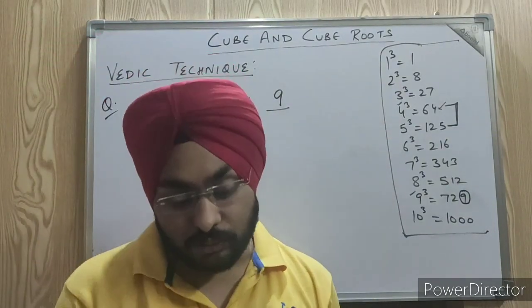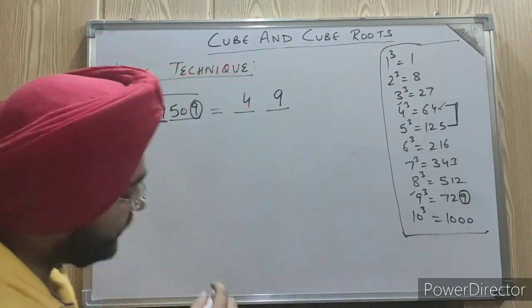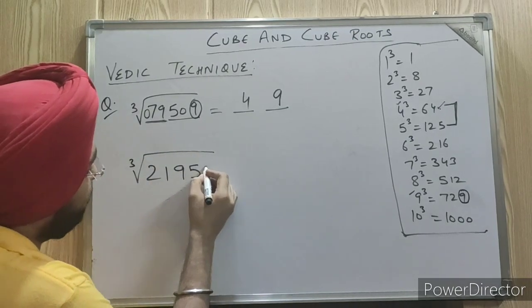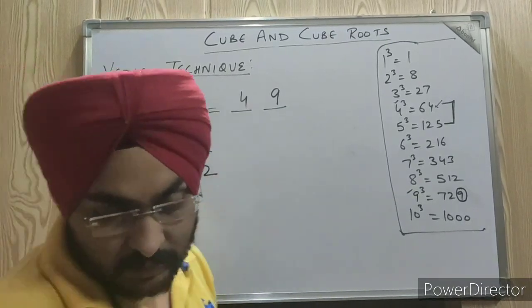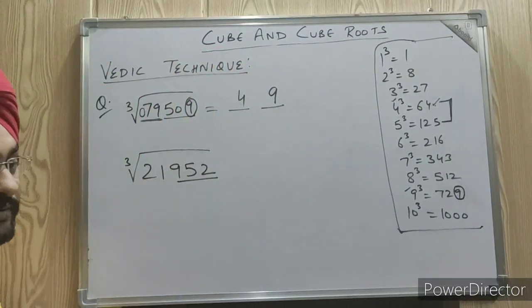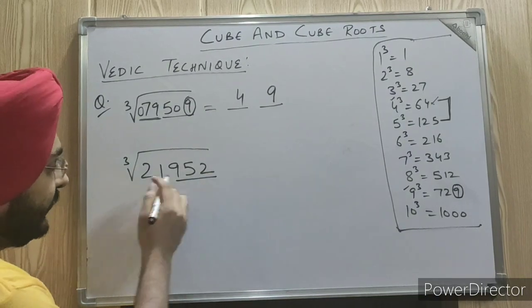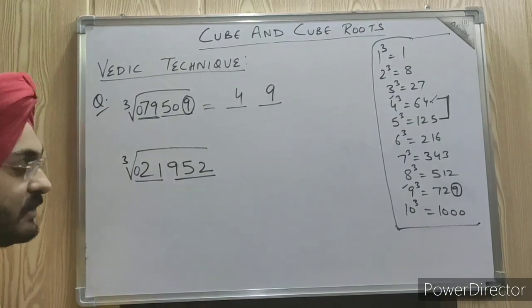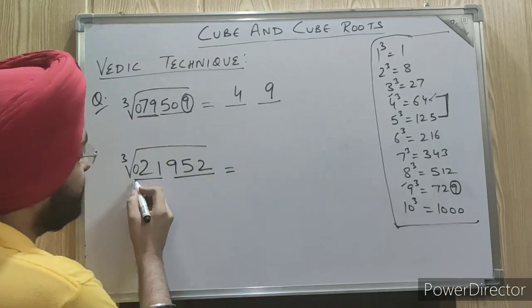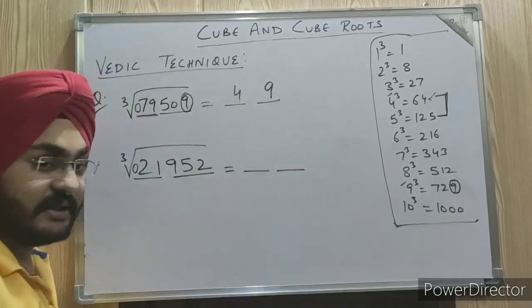Coming to one or two more examples. Next, we have to find the cube root of 21952. Start forming the triplets from the right side. Here we have to apply a 0. How many triplets are formed? 2 triplets, which means the cube root will be of 2 digits.